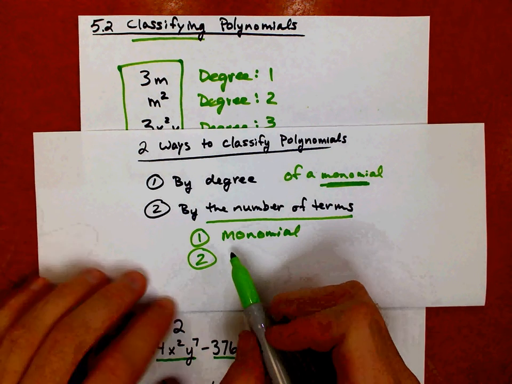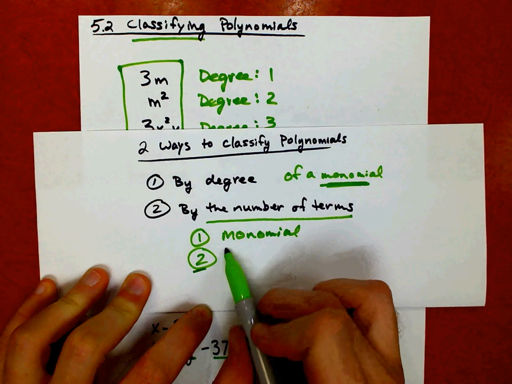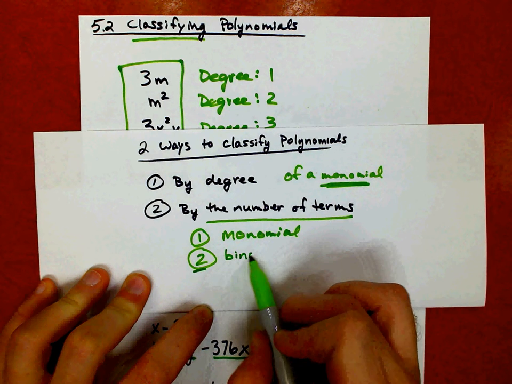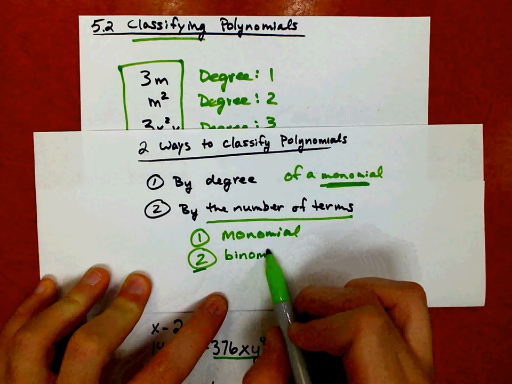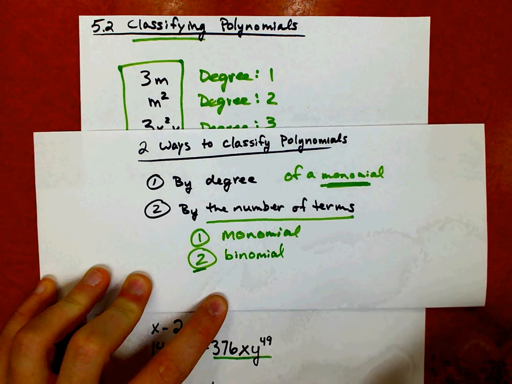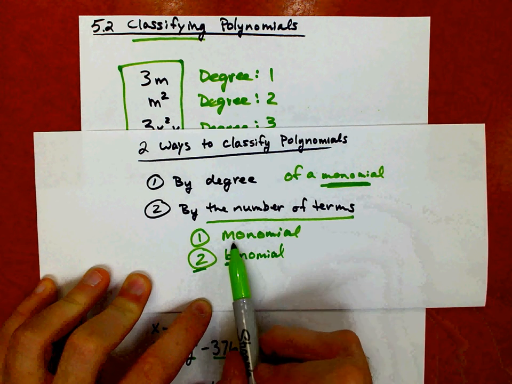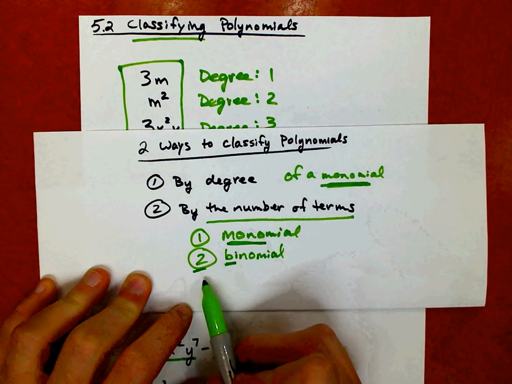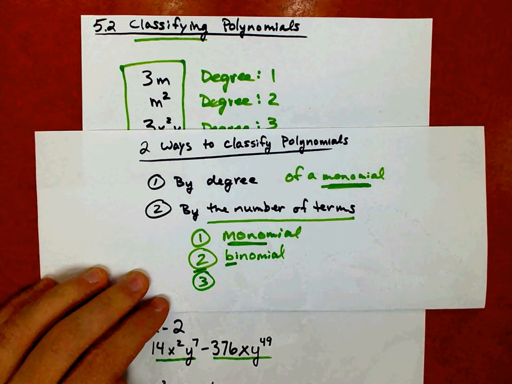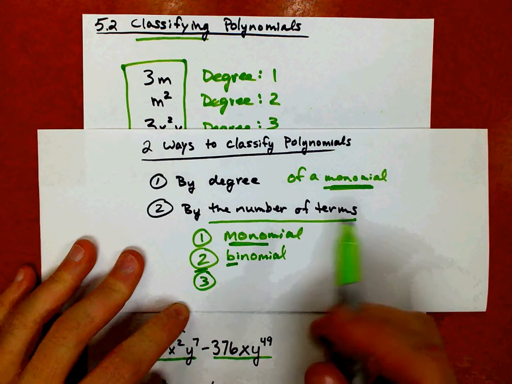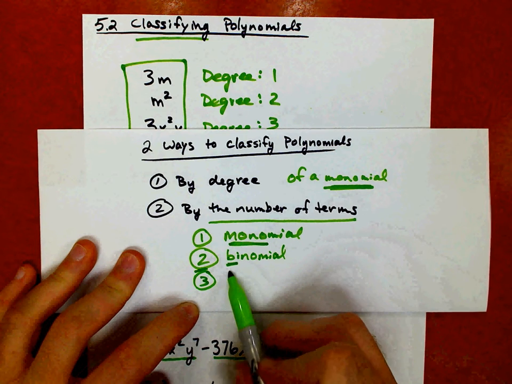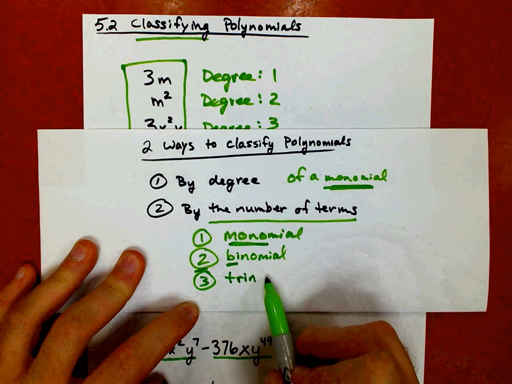Each have two terms. If a polynomial has two terms, it is called a binomial, like a bicycle. And these prefixes are not too hard to figure out. And you can probably imagine what's coming next. If it has three terms, it is called a trinomial.